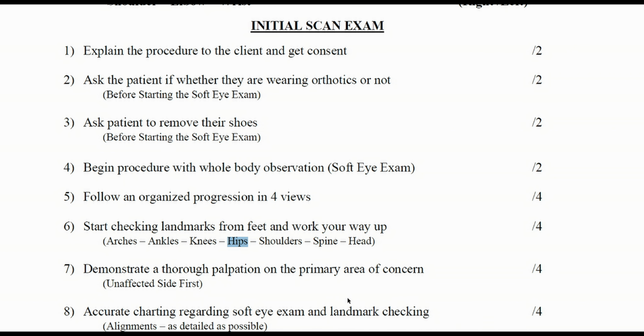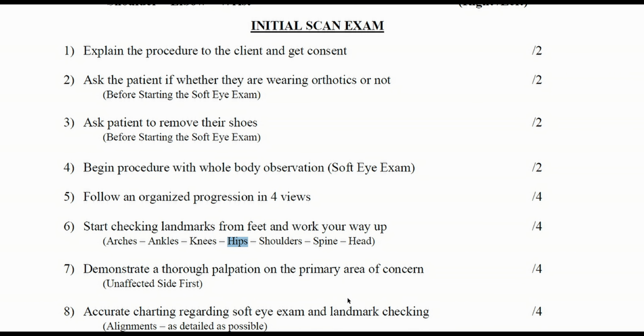But at this point, if you cannot, it's okay. It's too early in your program to be able to identify that. So just at least check the iliac crest alignments as I showed in class.